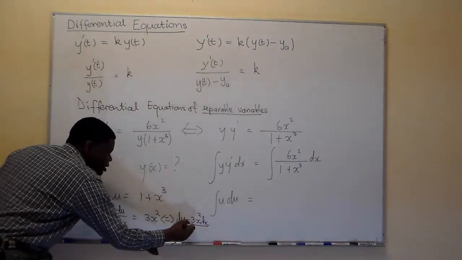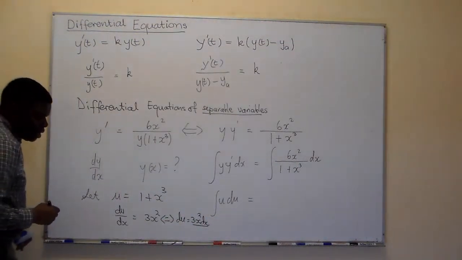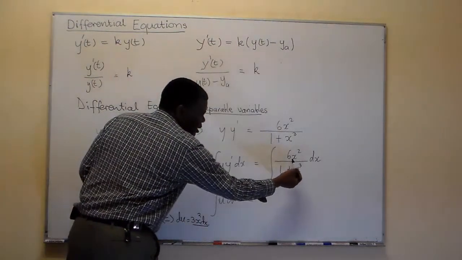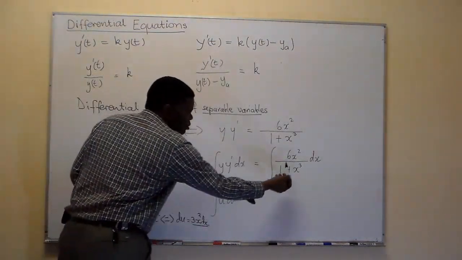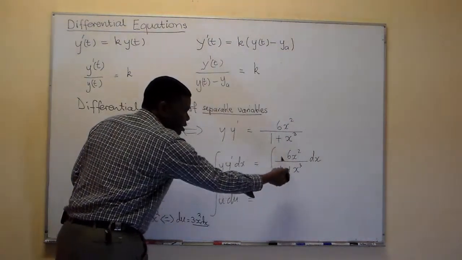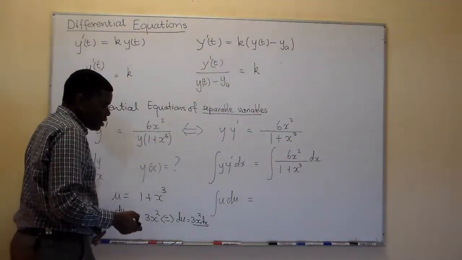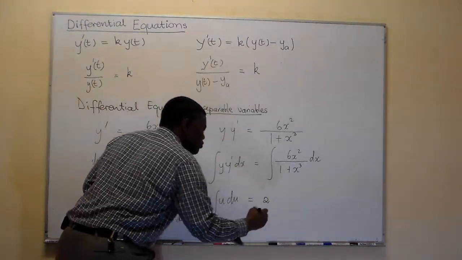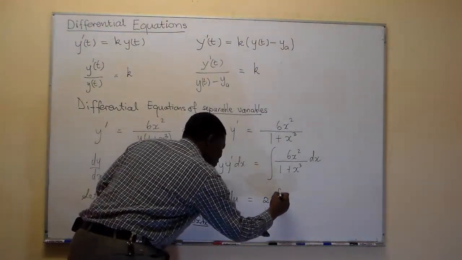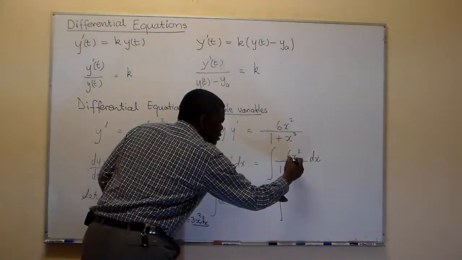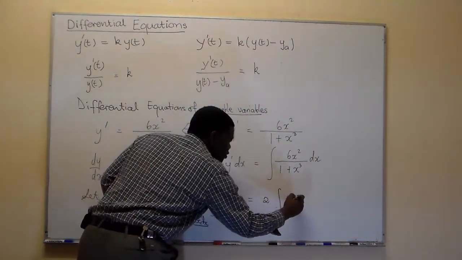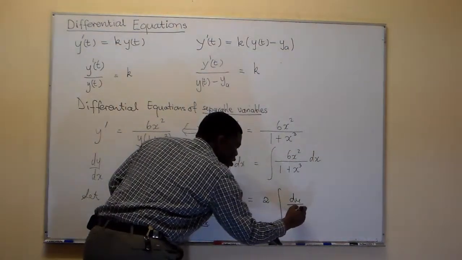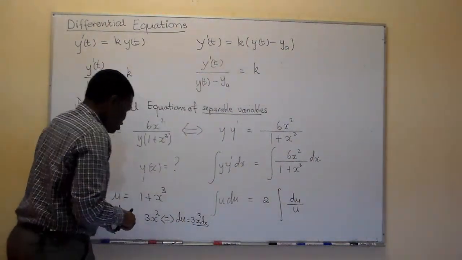So we've got this term here, 3x squared, hidden in 6x squared here, which means we've got a 2 there which is redundant. We can filter it outside the integral sign. Then we write this as 2, and the 3x squared dx will be du, so du over u.